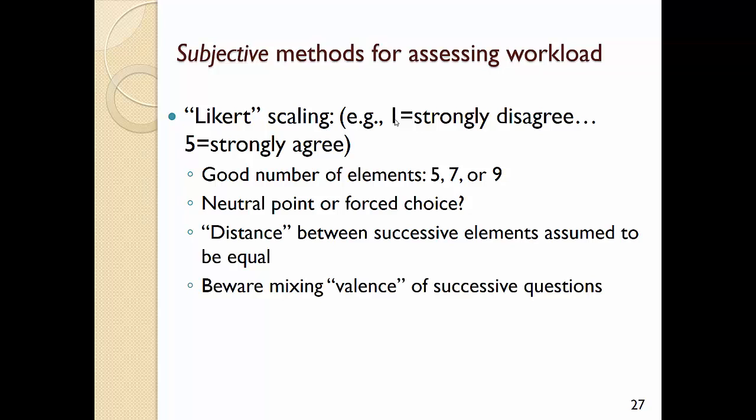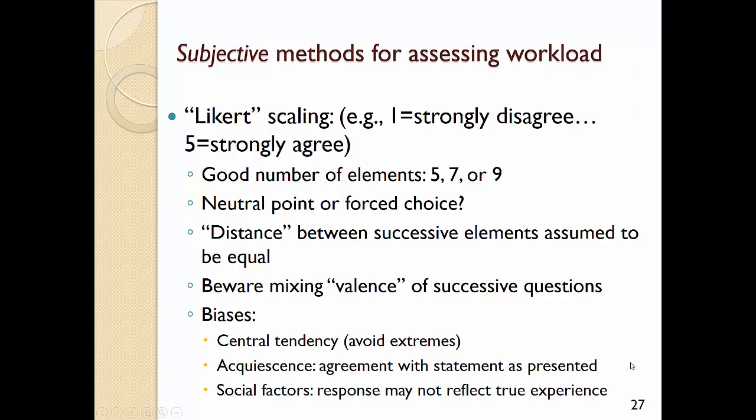Beware that you can mix the valence of questions. I've been burned by this before, and I'll show you my example. The valence is the positivity or negativity of questions. If I'm going strongly disagree to strongly agree, make sure that matches up, so that if I feel a certain way in general about something, it tends to align and doesn't switch.